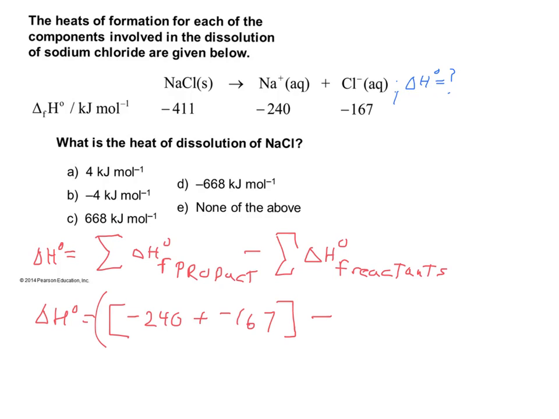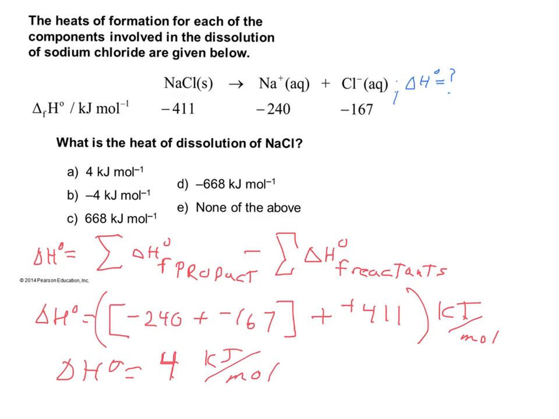Minus our reactants, and our reactant, we only have 1, our sodium chloride. And a negative times a negative is a positive there. So I plug everything into my calculator and I come up with 4 kilojoules per mole. So a very small enthalpy change, slightly endothermic, which is typical for dissolving an ionic compound.